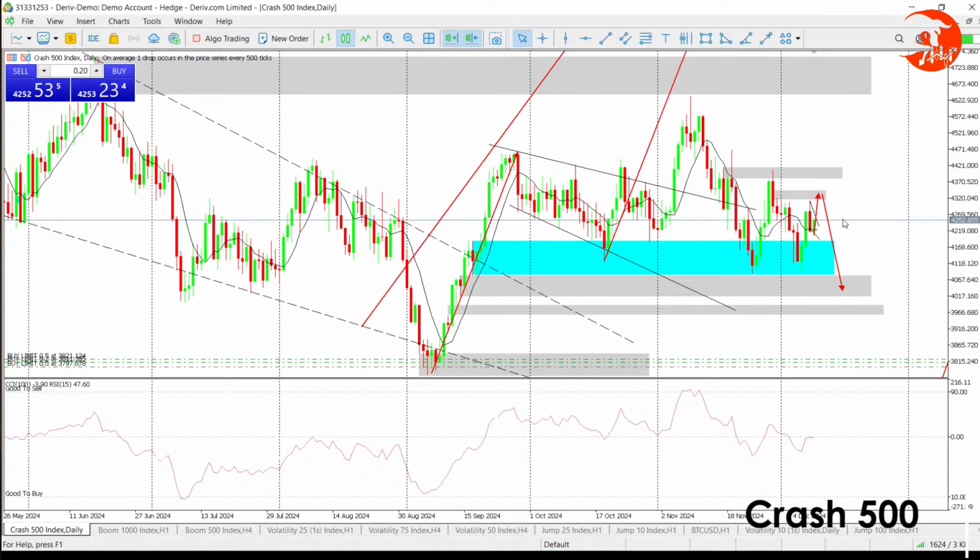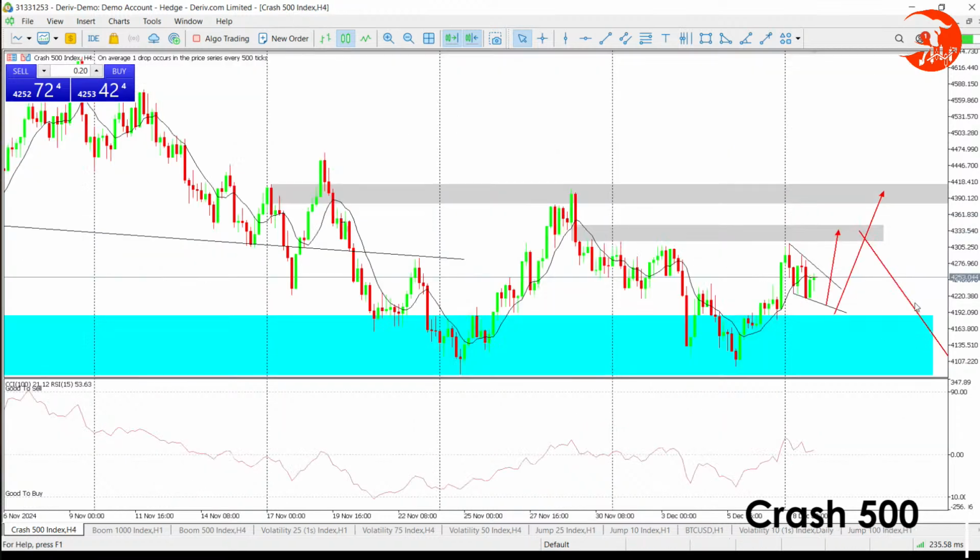In fact, on the daily, you may see price give you this kind of movement, all the way to there. According to the daily time frame, you may see something of that sort. So we have to be ready for whatever comes up. But according to H4, we are going to first anticipate this move here once we see a breakout.